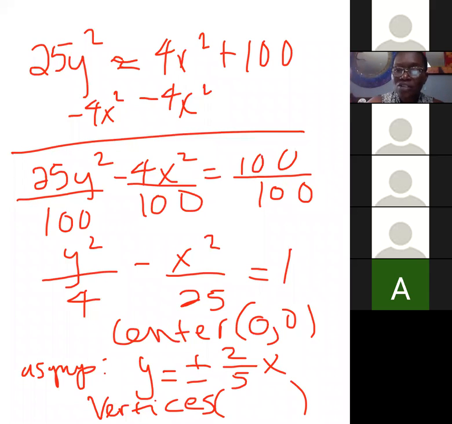Whichever one is the major axis, that particular variable has to change to accommodate those vertices. And yes, y is the major axis, so the y coordinate of the center is going to change to accommodate the vertices. So it's going to be 0, comma, plus or minus 2.